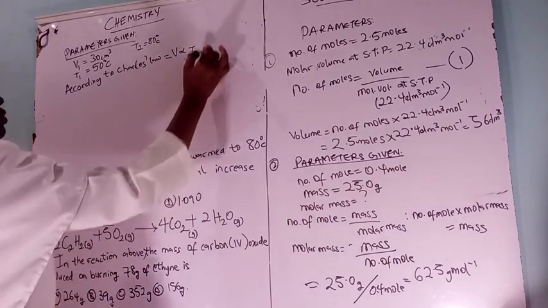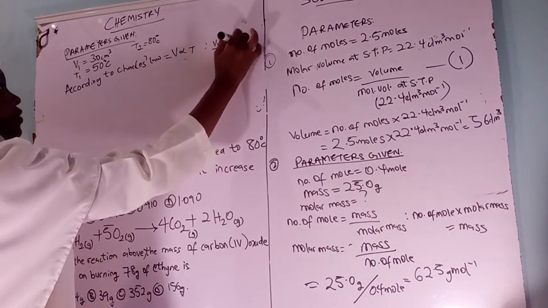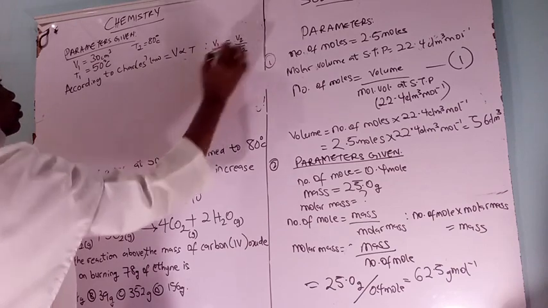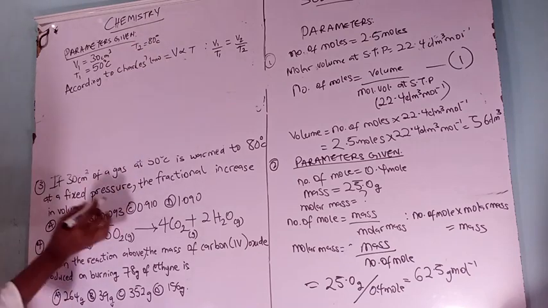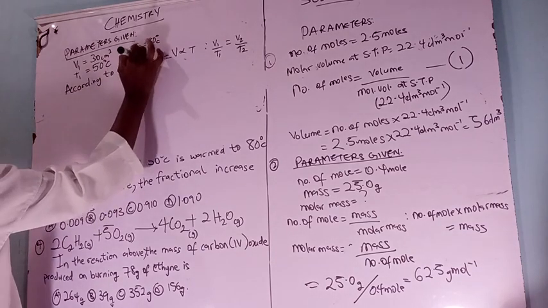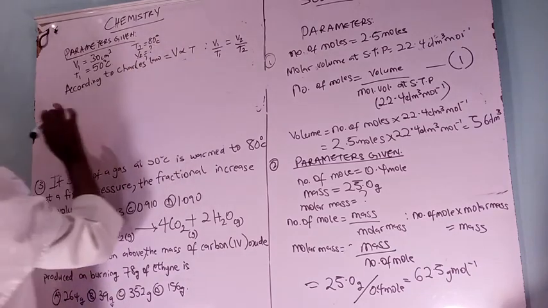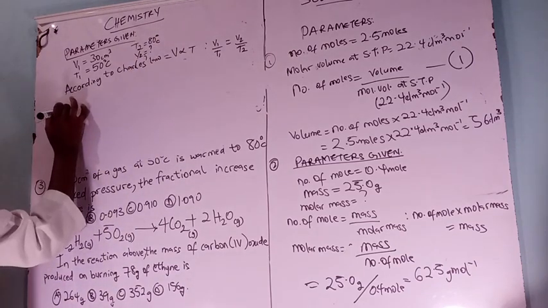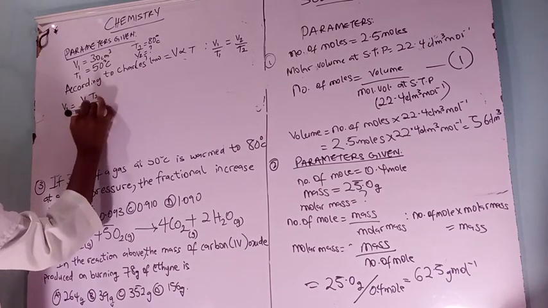We then have V1 over T1 equals V2 over T2. So now we have to find the fractional increase. But to find the fractional increase, we need to find the final volume, which is V2. Final volume V2 equals V1 times T2 over T1.